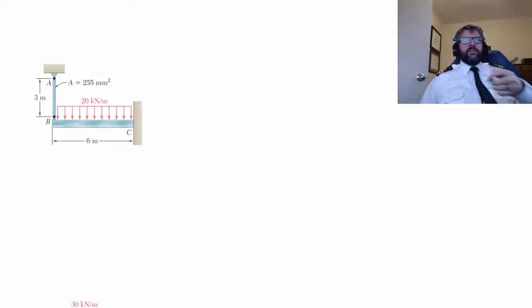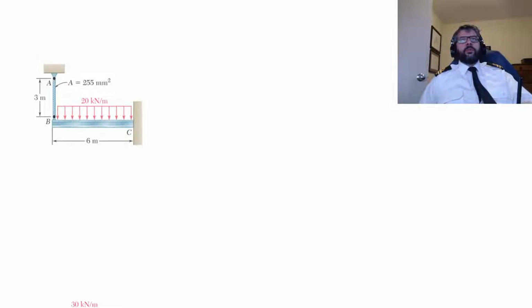So if there's no displacement, like if we get rid of the load, then there's not going to be any displacement downward at B, so there won't be any force arising in the rod or in the cable or what have you. It's only once we start pushing B down that we get that stretching that causes that force.